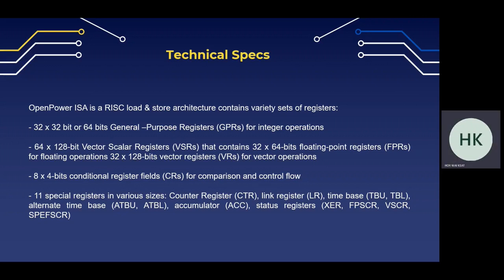And last but not least, it also includes 11 special registers in various sizes, such as counter register (CTR), link register (LR), time-based TBU (TBL), alternate time-based (ATBU ATBL), accumulator (SEC), status register (XER), FPSCR, VSCR, SPEF, SCR.